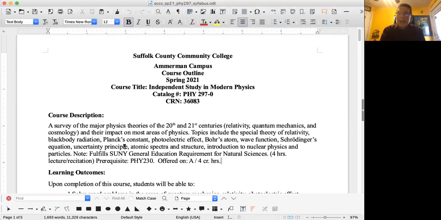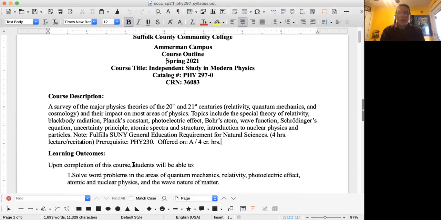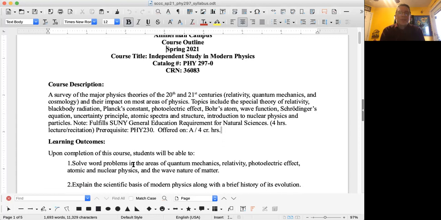There will also be a lab portion of this class, which will partially consist of experiments that hopefully we'll be able to do in person given the size of the class. And also there'll be some computer projects to fill out the lab portion of the class.